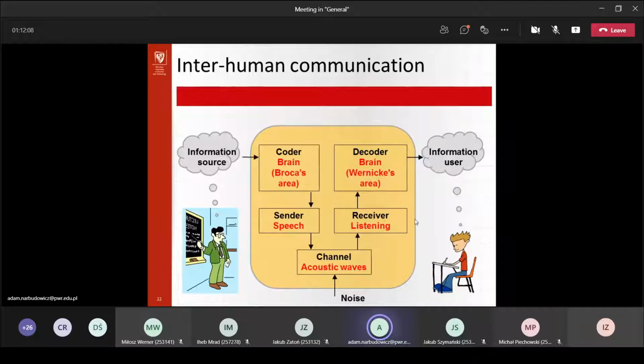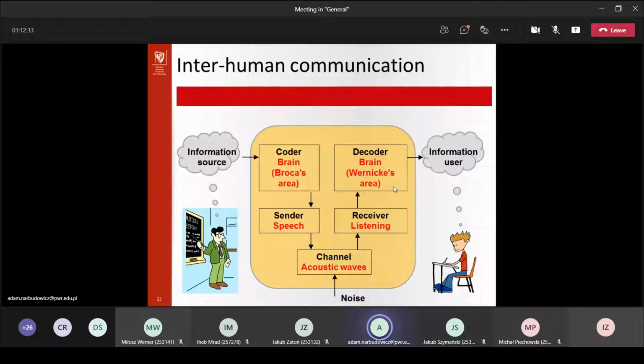And then, of course, you have also a decoder, which in the case of listening is called Wernicke's area. That's, again, a different part of the human brain. And that would serve as decoding this acoustic information of different sounds, interpreting them into words, right?